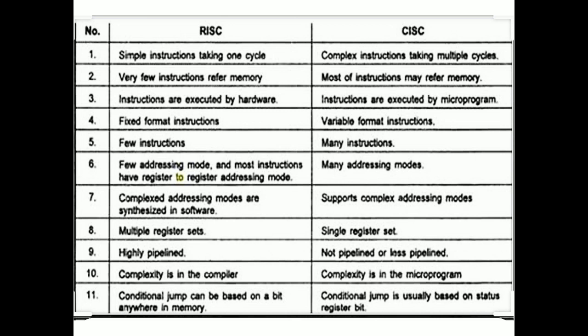The emphasis is on building complex instructions directly into the hardware. The compiler has to do very little work to translate a high-level language into assembly level language or machine code because the length of the code is relatively short, so very little RAM is required to store the instructions.